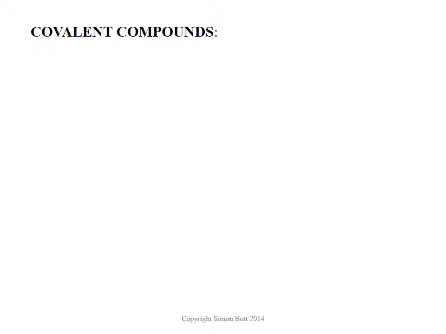Now later on in chapters 9 and 10, we're going to study covalent compounds extensively. All we've got to worry about today is looking at some of the different simple types of covalent compounds, learning how to identify them, learning how to relate names and formulas.